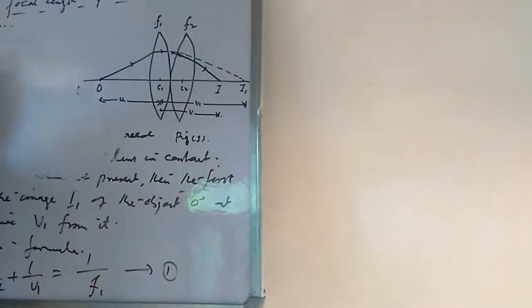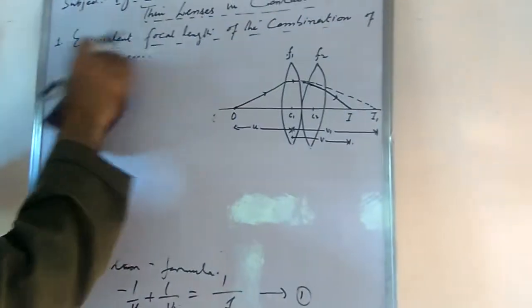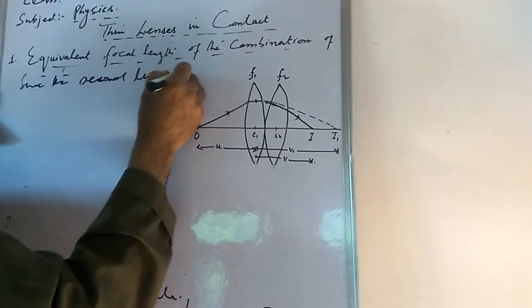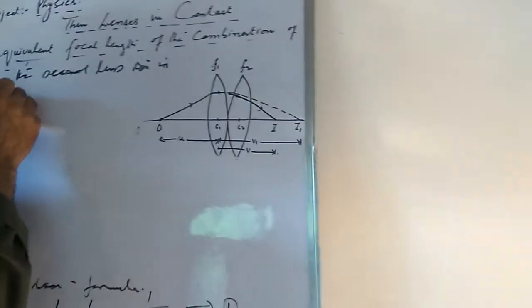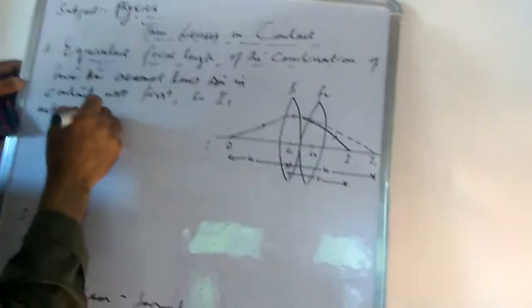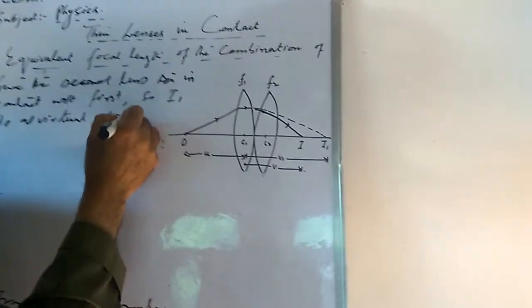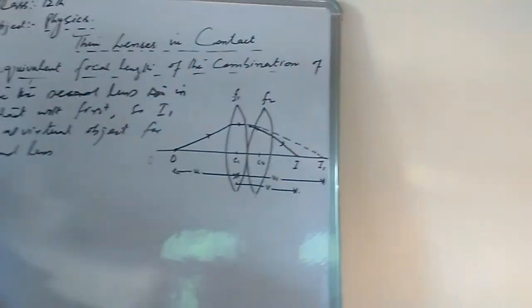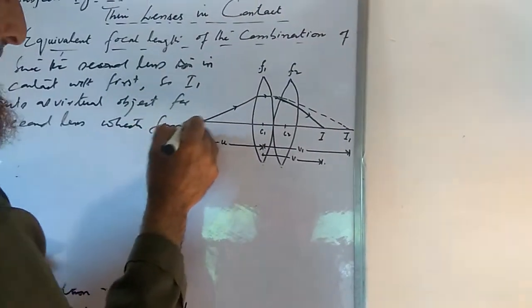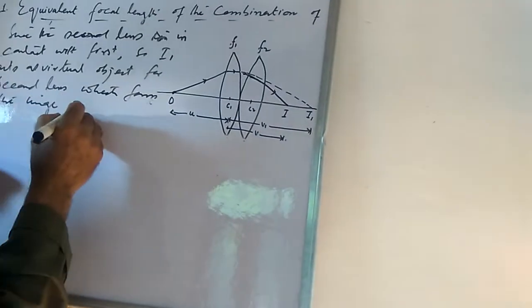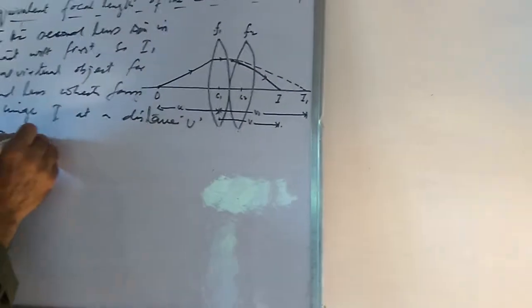So I will write it here. Since the second lens is in contact with the first, I1 acts as a virtual object for the second lens, which forms the image I at a distance v from it.